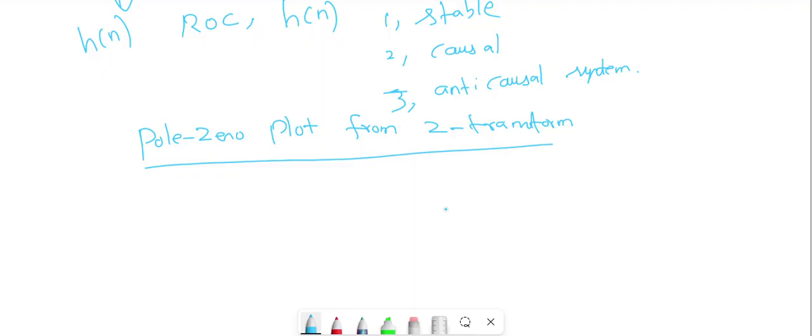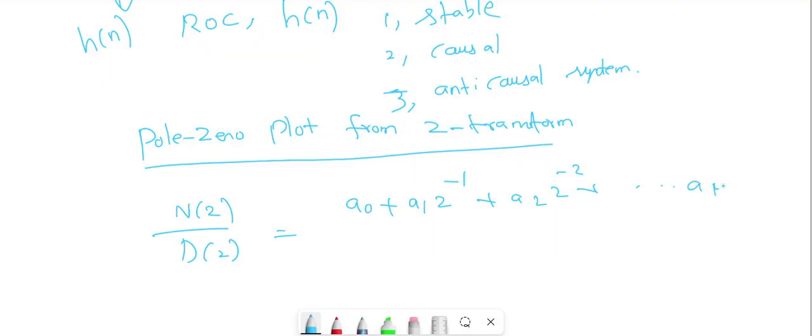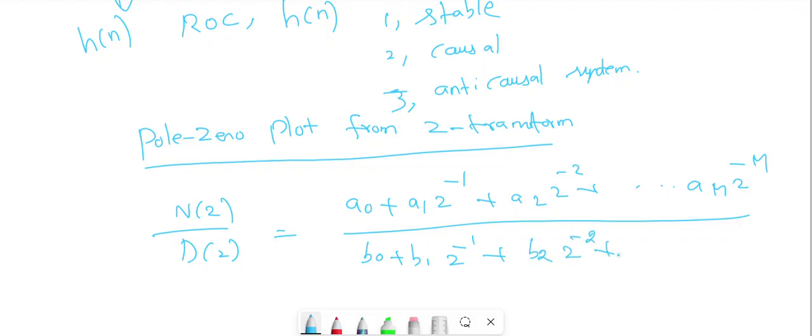So normally the x of z, the system function, is a numerator polynomial by denominator polynomial: a0 plus a1 z minus 1 plus a2 z minus 2 up to am z power minus m, divided by b0 plus b1 z minus 1 plus b2 z minus 2 up to bn z minus n.